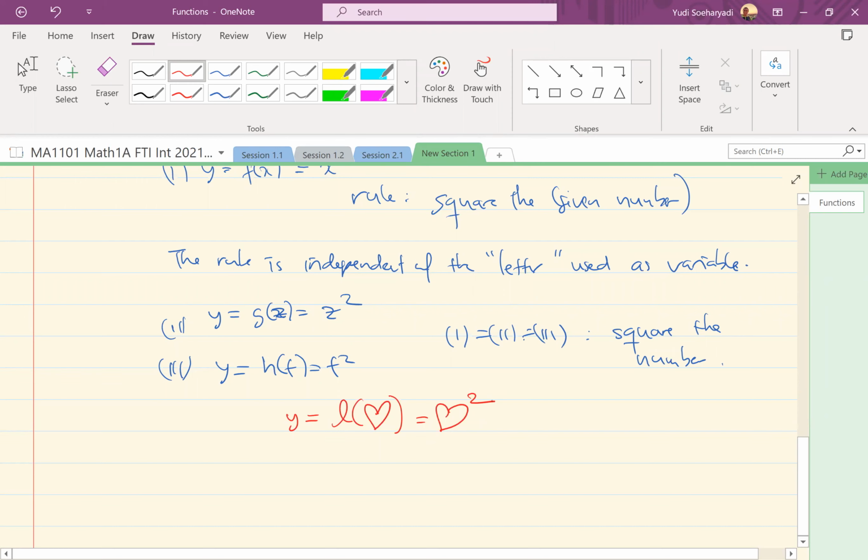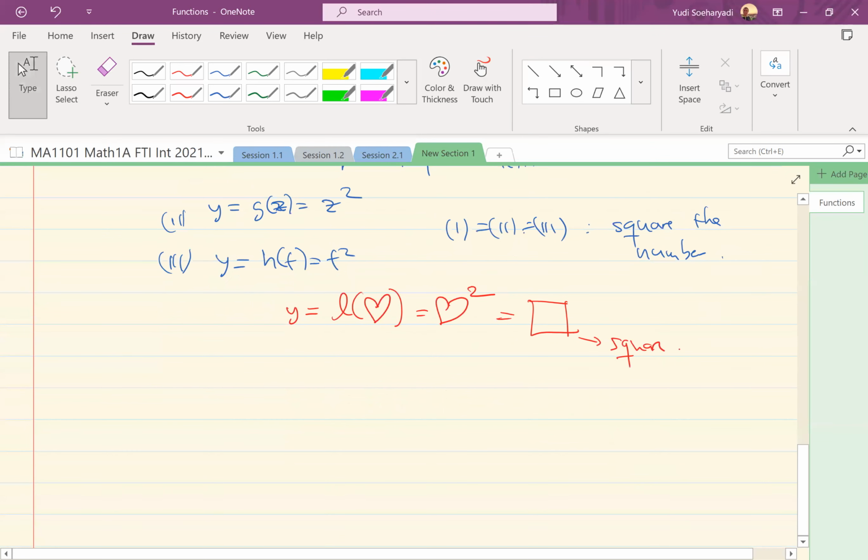The rule says square the number, whatever you like, square it. All right, so that's the idea.